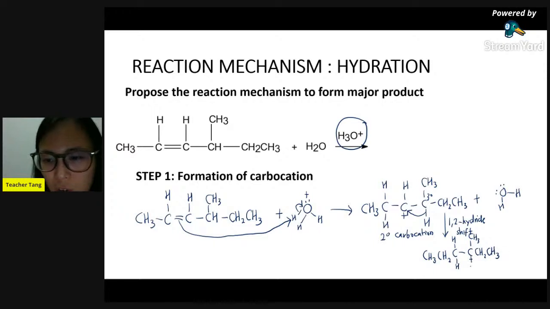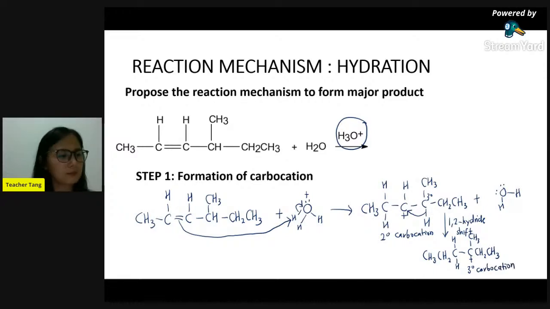So this is tertiary carbocation, which is more stable. Okay, so am I too fast? Okay, so this is step number 1 plus the rearrangement to get more stable carbocation.